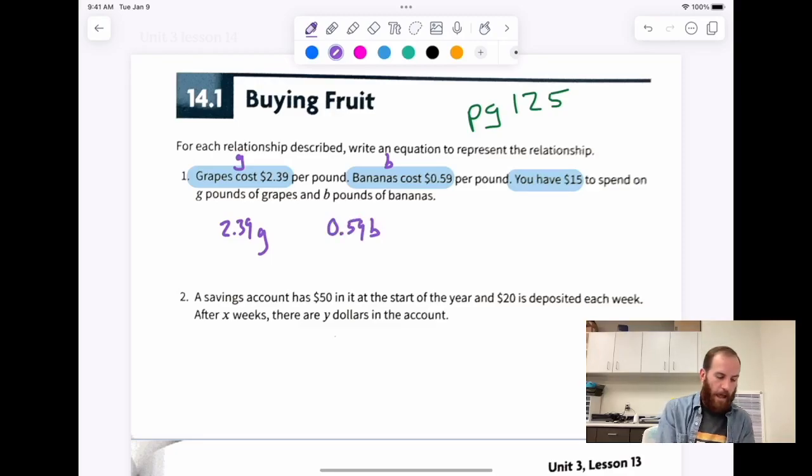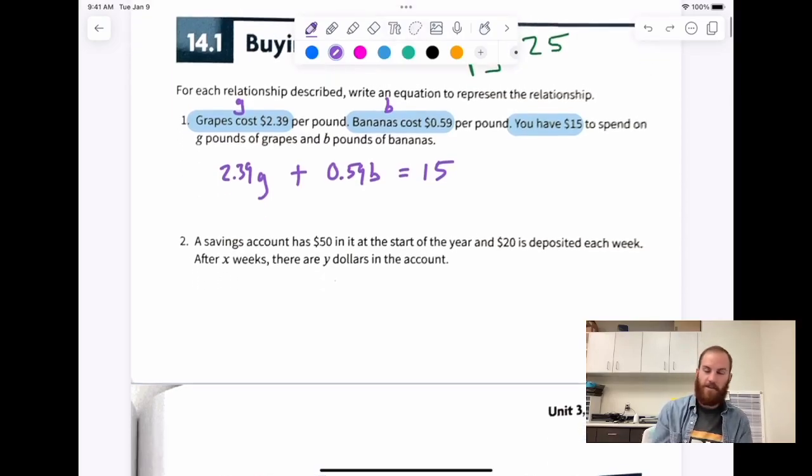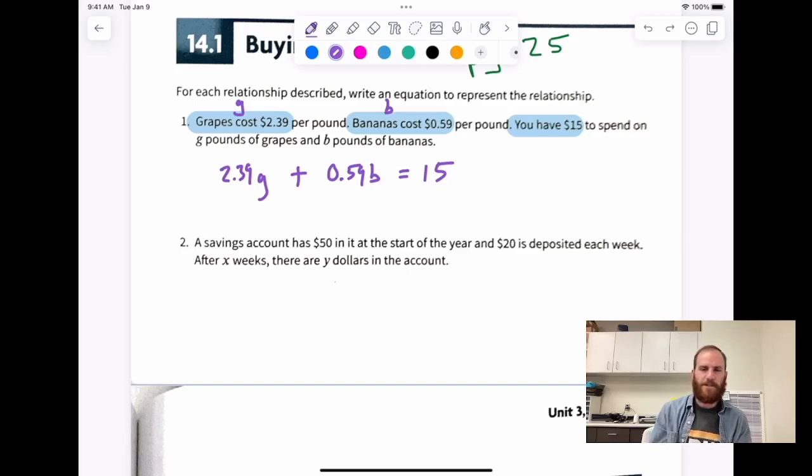And if this is going to equal $15, we add those up, and if it's equal to 15, then we know that amount of grapes and that amount of bananas will suffice this need for it to be $15. And you can already see right there we've got an equation. If you got that equation, fantastic, good work. If you didn't, that's okay. We'll have some more opportunities to practice that.